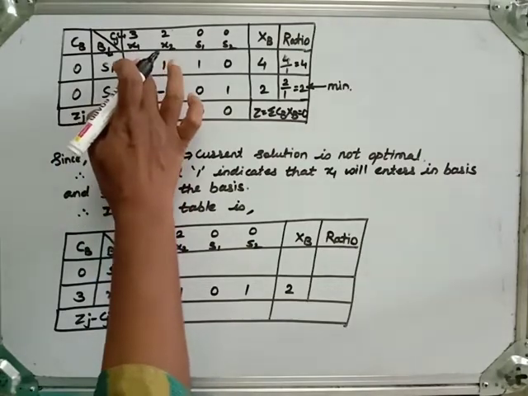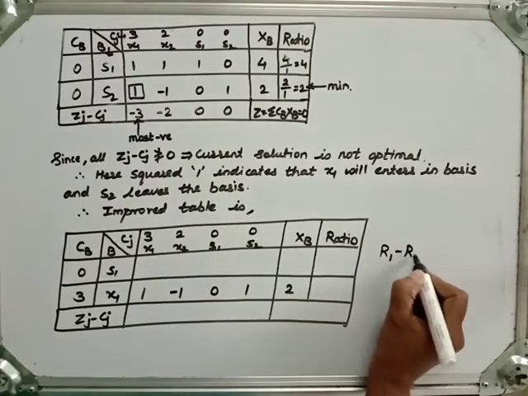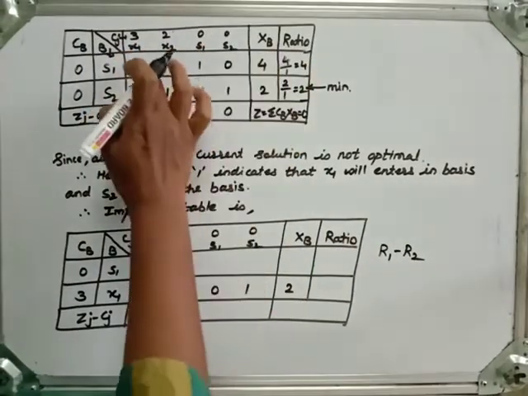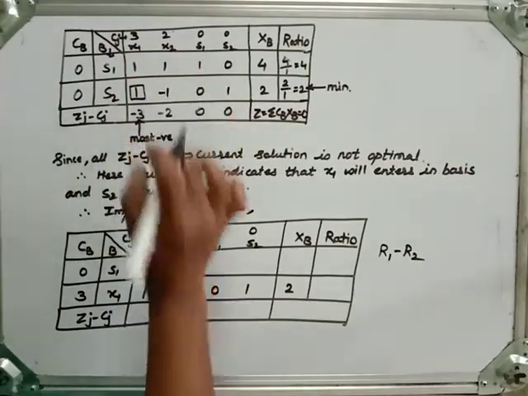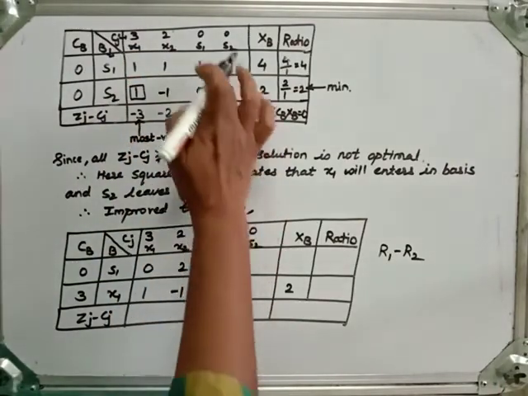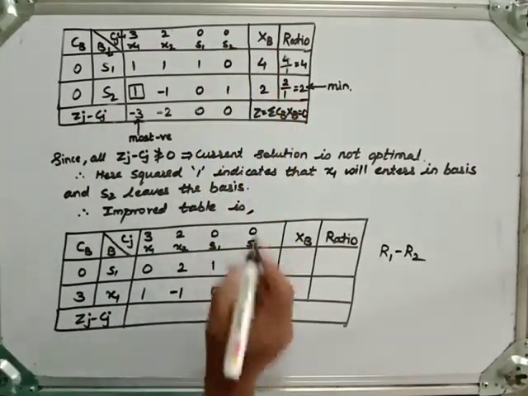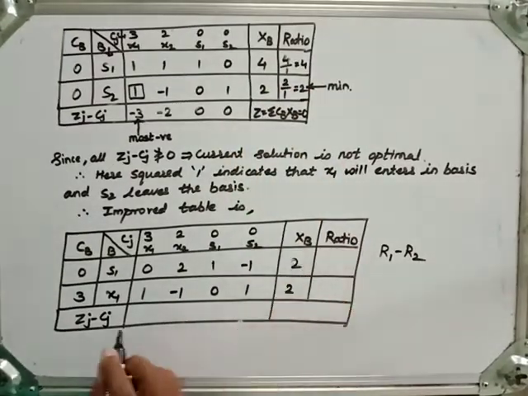Now to make it 0, we will do the operation R1 minus R2, because we have to make changes in R1. So this 1 minus 1 is 0. 1 minus of minus 1, so it will become 2. 1 minus 0 is again 1 and 0 minus 1 will be minus 1. 4 minus 2 will be 2.